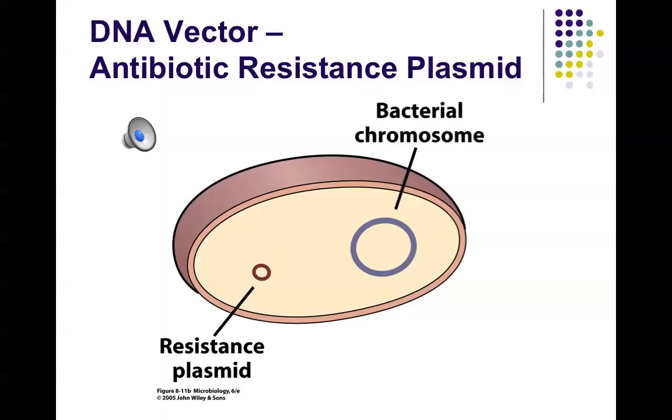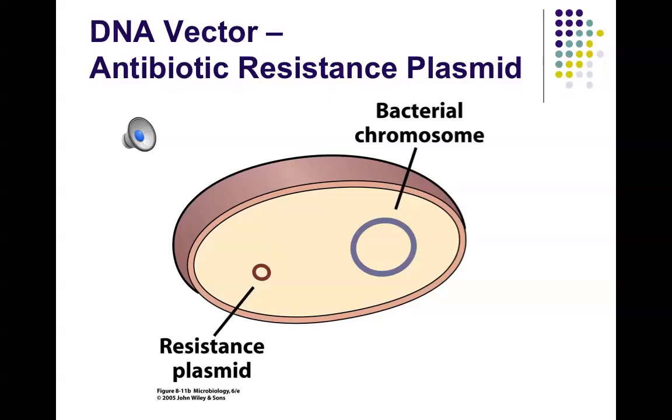In any case, resistance plasmids can also be transferred by conjugation. Realize that cells that can conjugate are still going to have F plasmids in addition to R plasmids. And it's the transfer of resistance plasmids from one bacterial cell to another that has resulted in the huge number of antibiotic-resistant bacteria that we now find that can cause infections today.